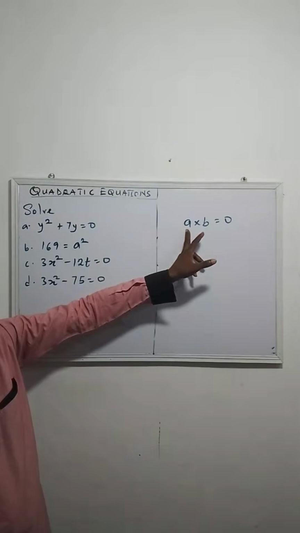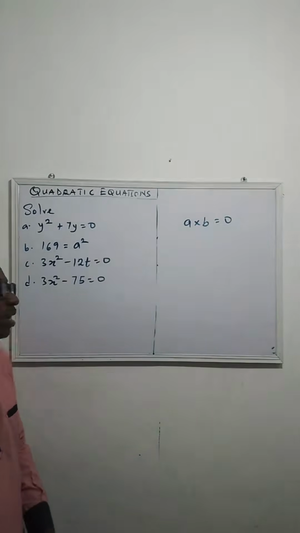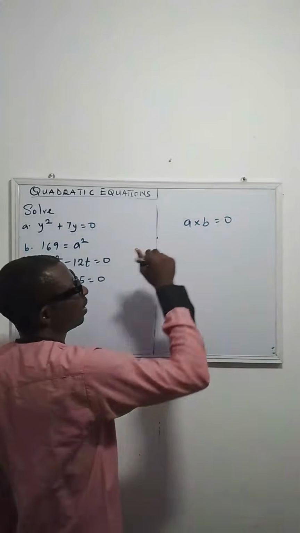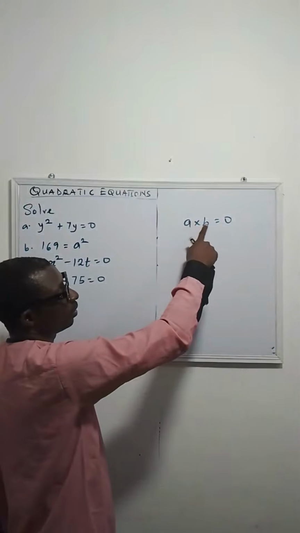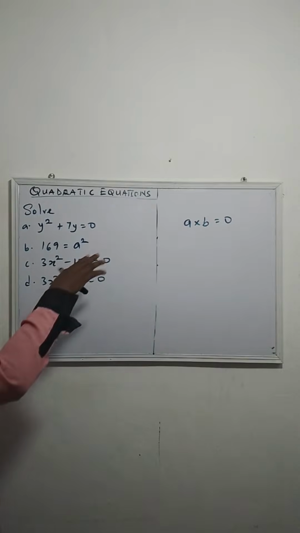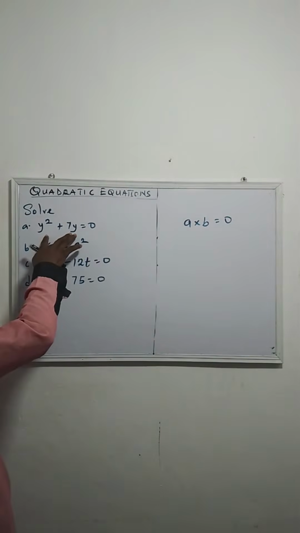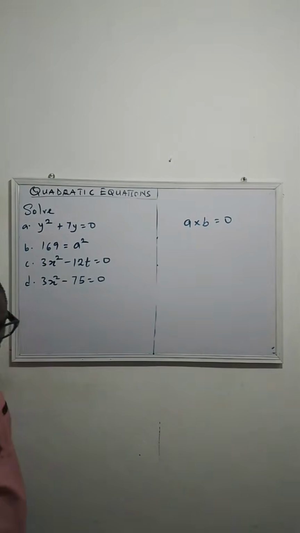At least one of them must be 0, or both of them are 0. So whenever you multiply two numbers together and the result is 0, it's either the first one is 0 or the second one is 0. On that principle, we are going to juxtapose that with what we have here, and you will see how we're going to solve the problem.